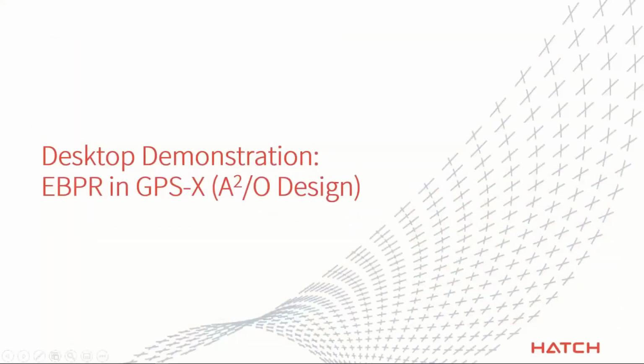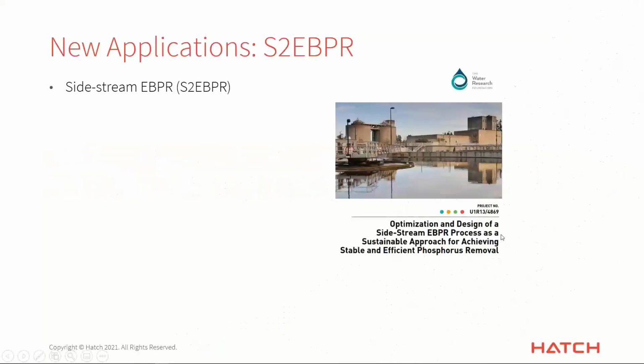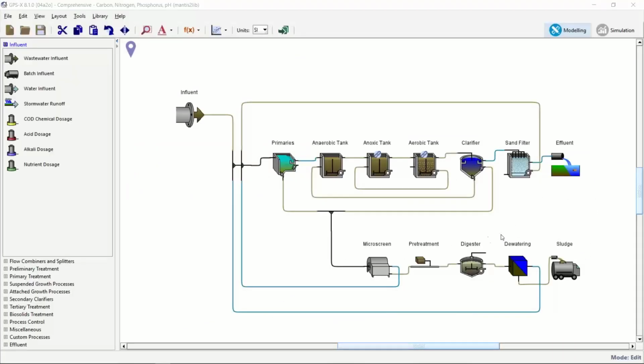Okay, so let me flip over to GPS-X. Here we go. Here's our anaerobic tank, here's our anoxic tank, here's our aerobic tank, there's our internal mixed liquor recycle, this is the RAS, and all the rest of the sludge coming off of the primary and secondary clarifiers is being taken over here to this thickening, a little bit of sludge pre-treatment.